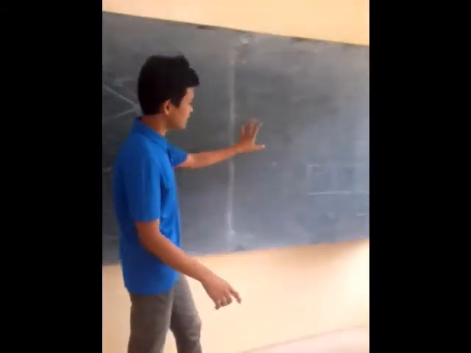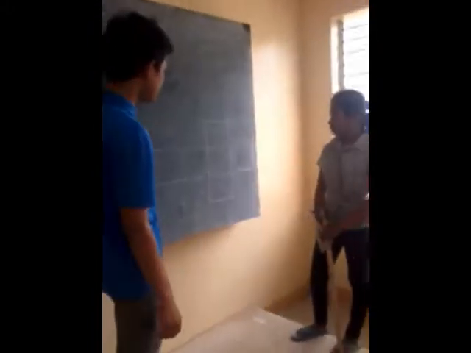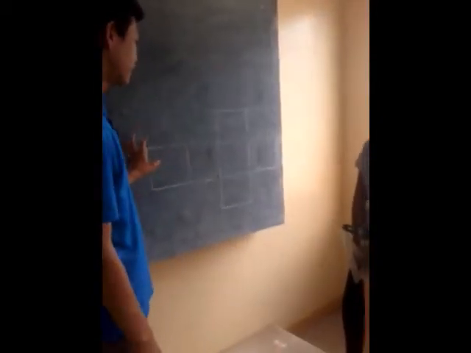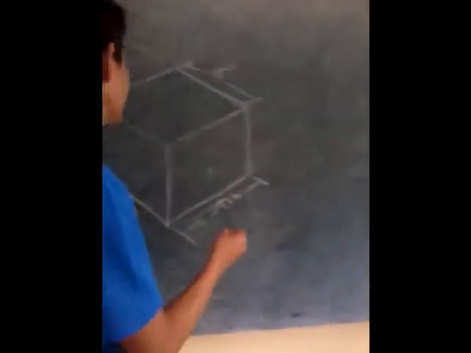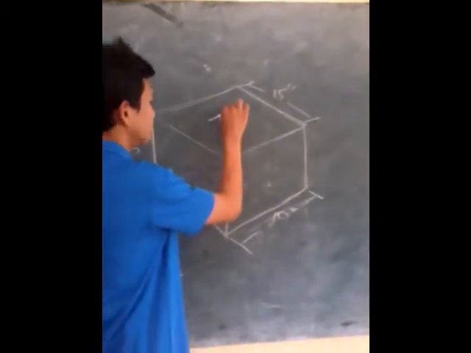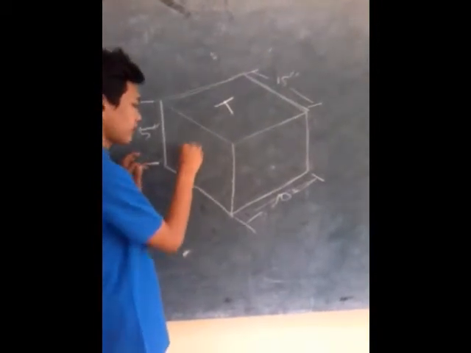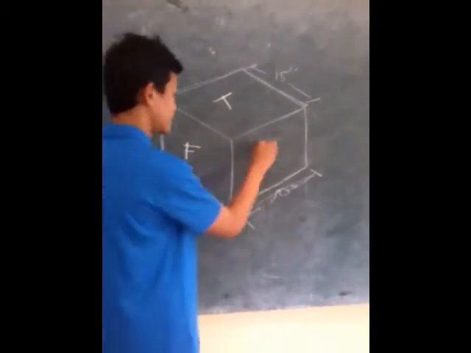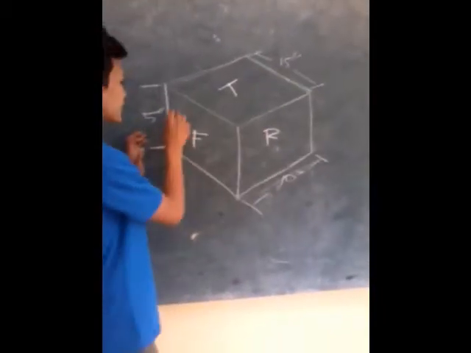As you can see, this is the top view. And this is the front view. You write F. And the right side, and behind this drawing, that is the left side view, and the other one is the rear view, and this portion is the bottom view.